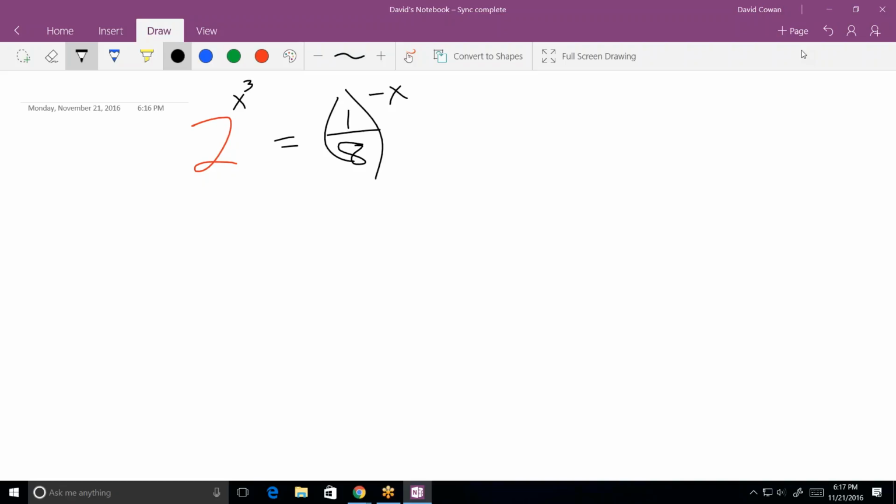In other words, I don't have to use logs to solve this, and they don't want you to use logs to solve it. They want you to find a common exponential base for these two numbers, 2 and 1/8. What's another way to write 1/8?